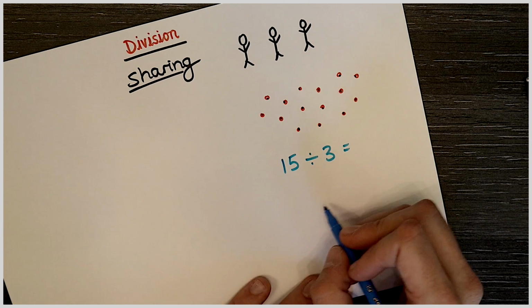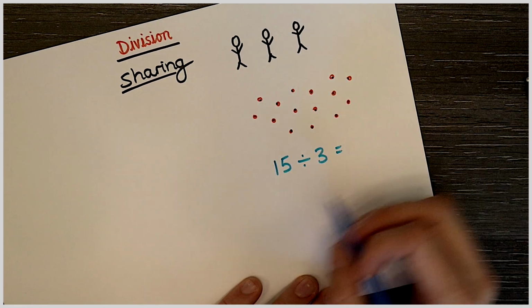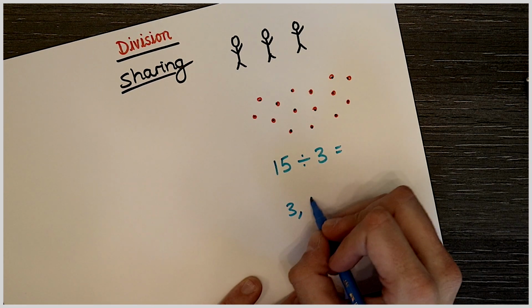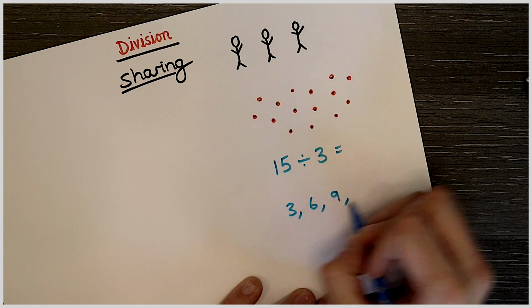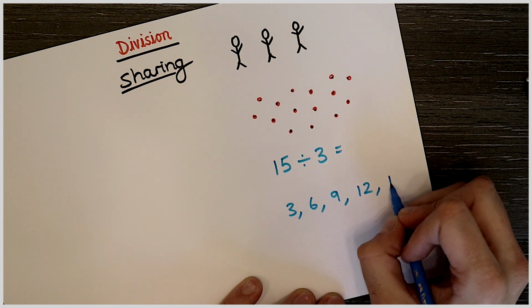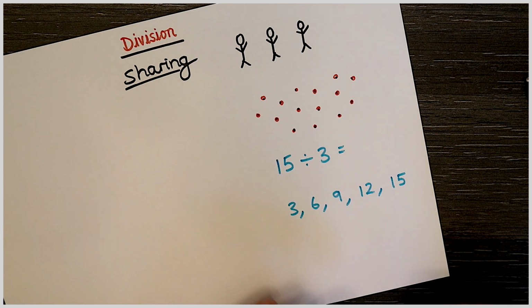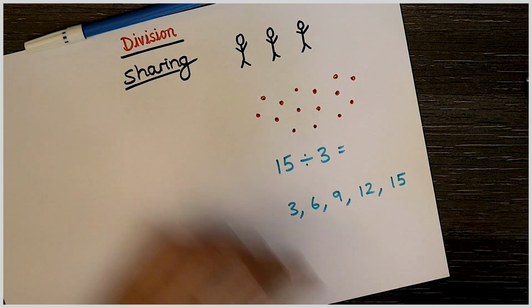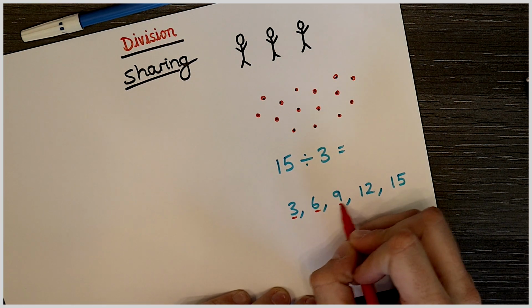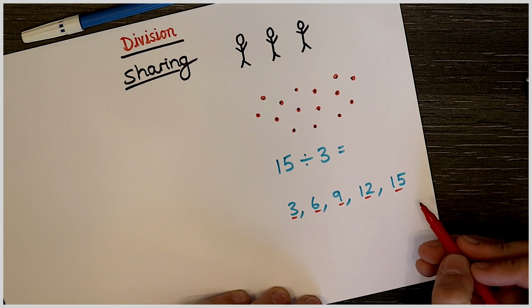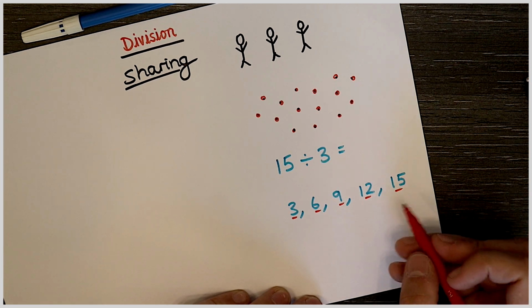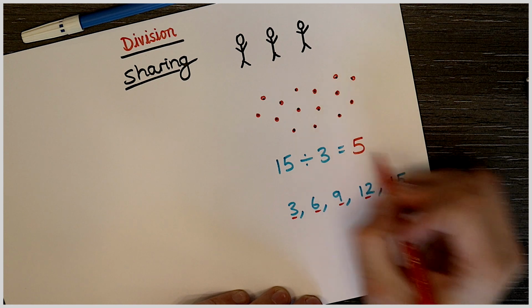Because you know that, let's do our 3 times table. We've got 3, 6, 9, 12, 15. There's our number. 5 times 3 is 15. So 15 divided by 3 is 5.